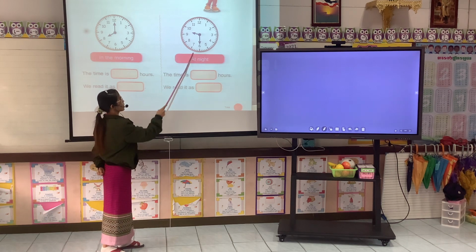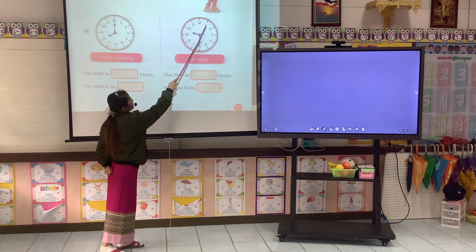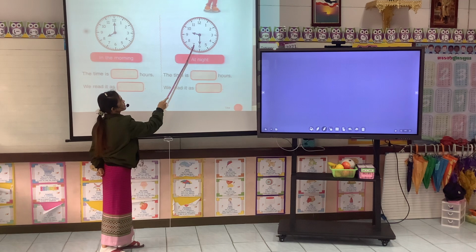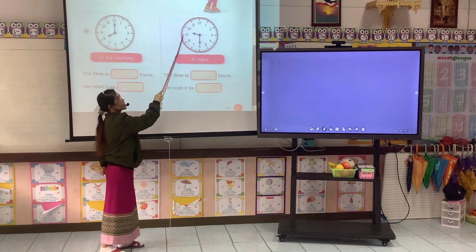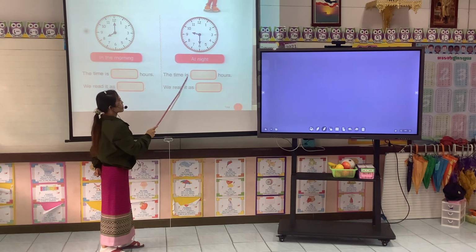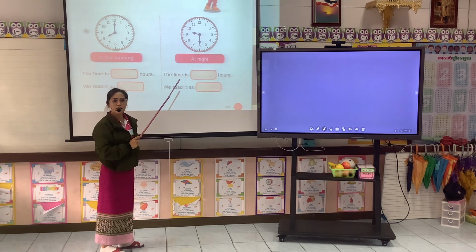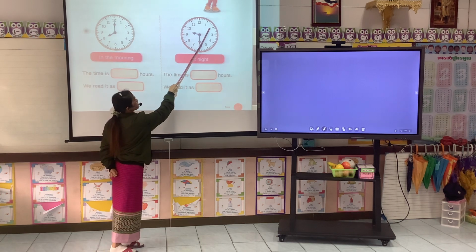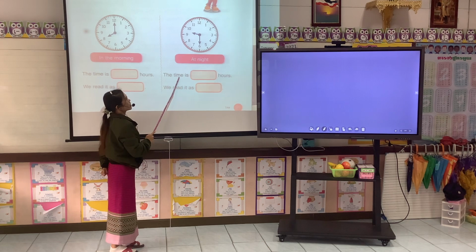So 13, 14, 15, 16, 17, 18, 19, 20, 21. 12 plus 9 is equal to 21. So the time is 21 and how many minutes? In reading the minutes, we count by 5: 5, 10, 15, 20, 25, 30.